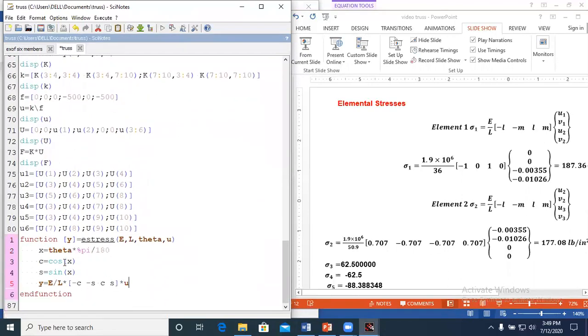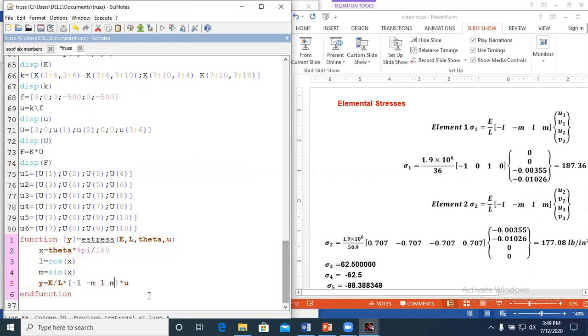Here theta is equal to theta times pi by 180, converting it into radians. Suppose this is L and this is M: L, M, L, M. That is the direction cosines I have calculated. Now you will get this equation: E by L into cos theta, sin theta, cos theta, sin theta, into the displacement matrix.